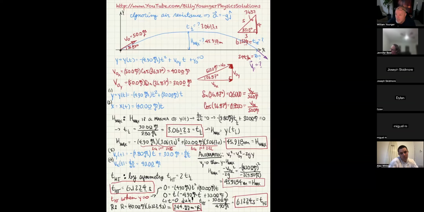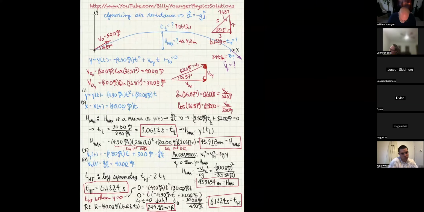But we could also use the Vx of t to realize that it's never going to change in the x direction. So now that we've uncovered those symmetries, we can write that V final sub x is just going to be 40.0 meters per second.